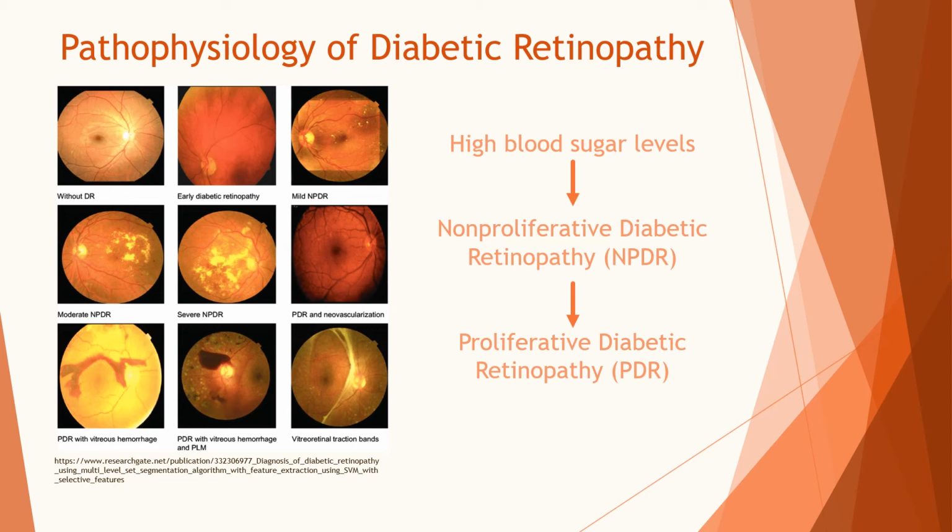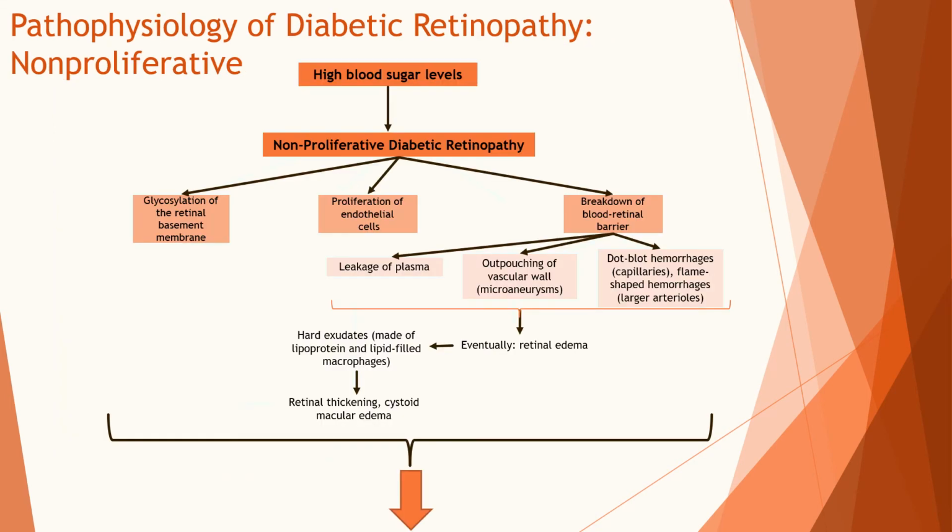When this becomes severe and the blood vessels that are thoroughly injured are now unable to supply blood, there is a progression to proliferative diabetic retinopathy, where growth of new blood vessels, known as neovascularization, occurs. So here is a visualization of the progression we've talked about.